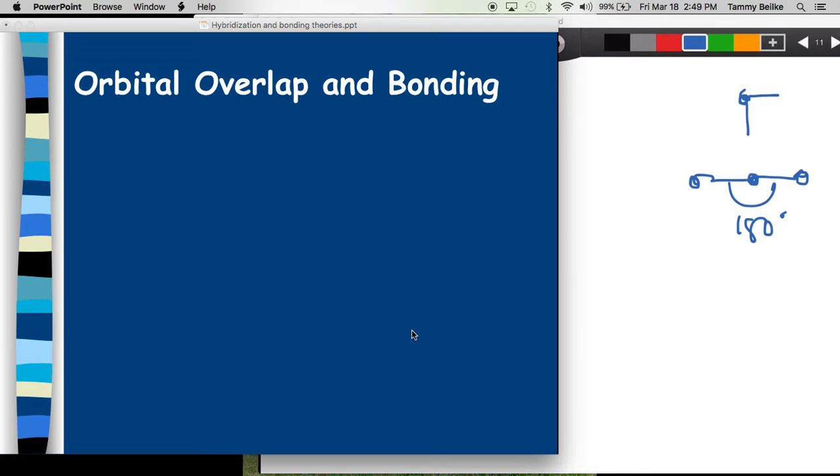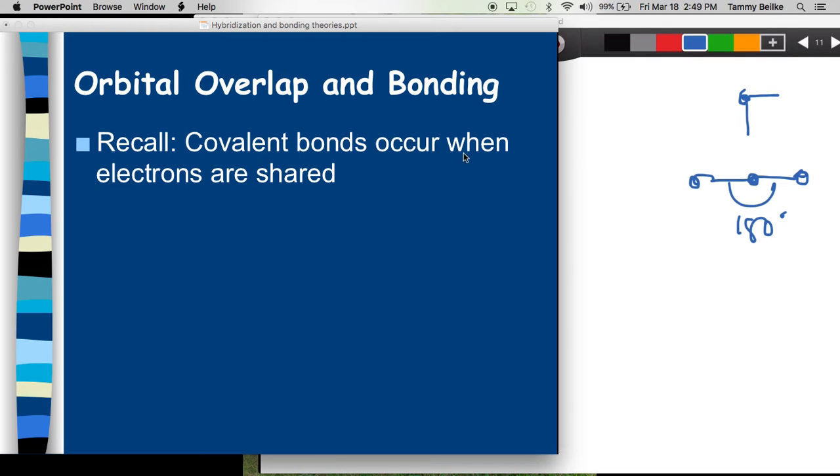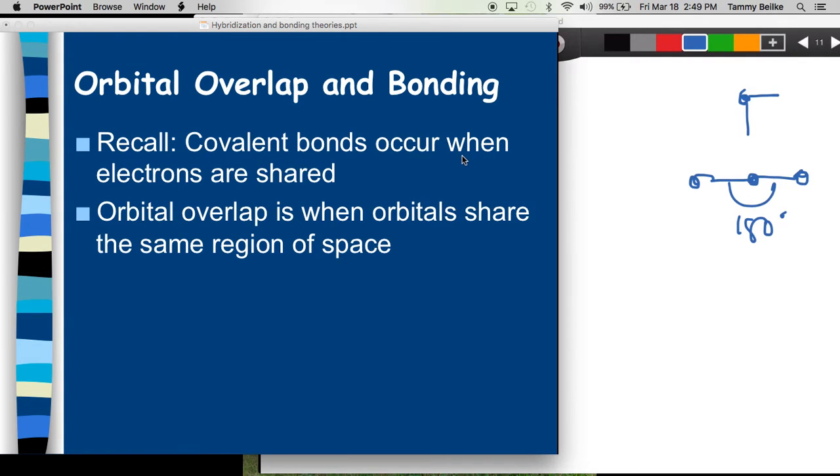In order to share, orbitals have to overlap. Covalent bonds occur when electrons are shared through this orbital overlap, when those orbitals take on the same space. They get close enough to overlap each other and the electrons can be shared between atoms.